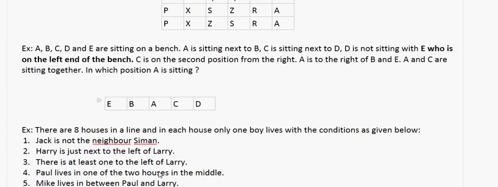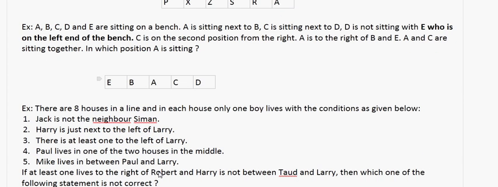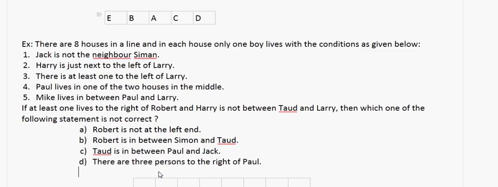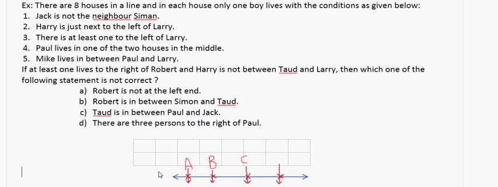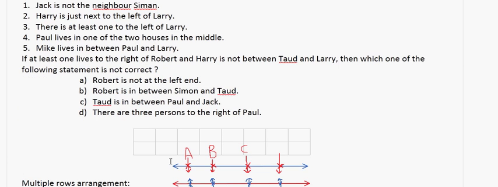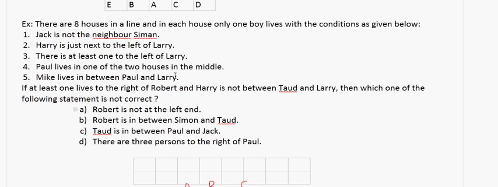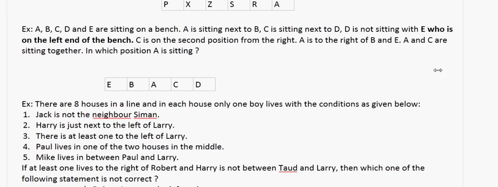Now the complexity might increase, right? When I say complexity might increase, this means that the number of cases would increase in certain examples, right? For example, in this example you would see that the number of cases would increase to 5 or 6, right?